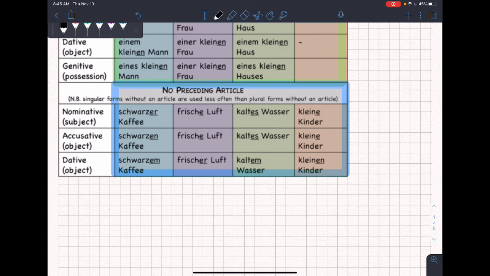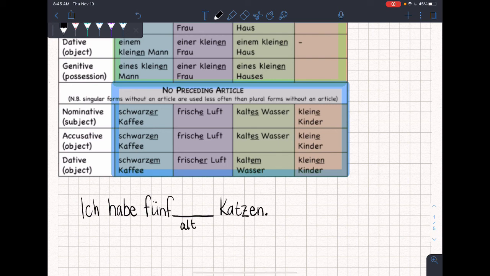Our example sentence, Ich habe 5 Katzen. And we want to fill in the article alt.